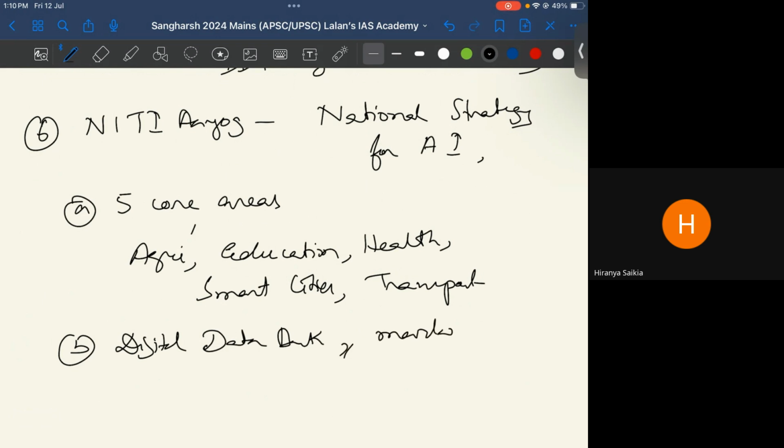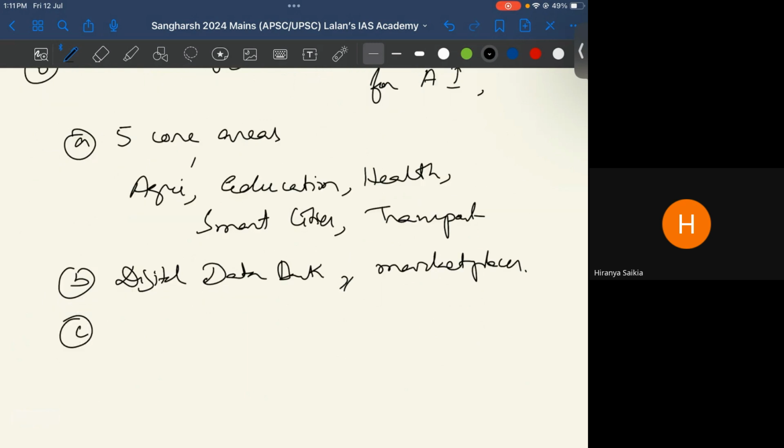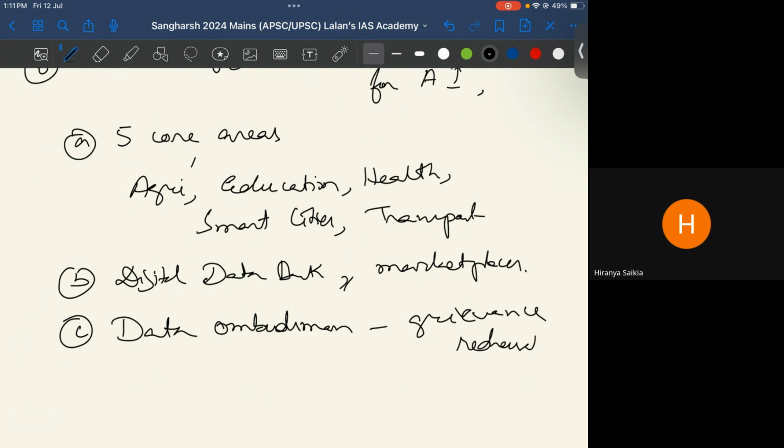Jate কি হয় you have availability of information because AI works on data processing, so data is the oil. তাৰপিছত it also talks about data ombudsman মানে কি somebody to whom you can complain, so data related issue, so it's the grievance redressal mechanism that it talks about.